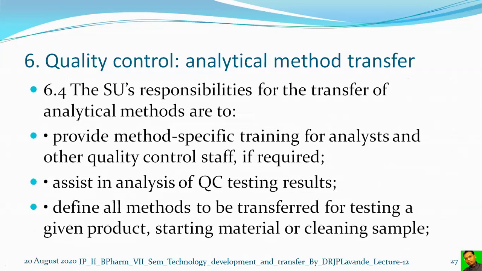So all these are the responsibilities of the sending unit as far as QC guidelines are concerned, and these are in accordance with 6.4, which explains the sending unit's responsibilities.